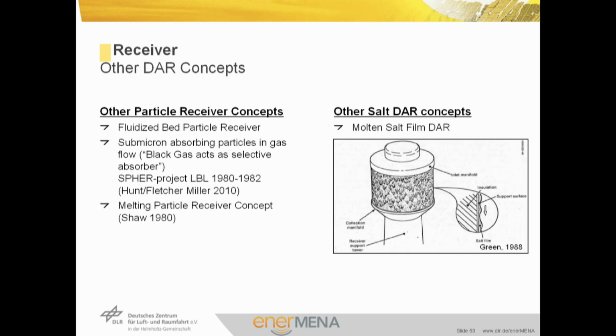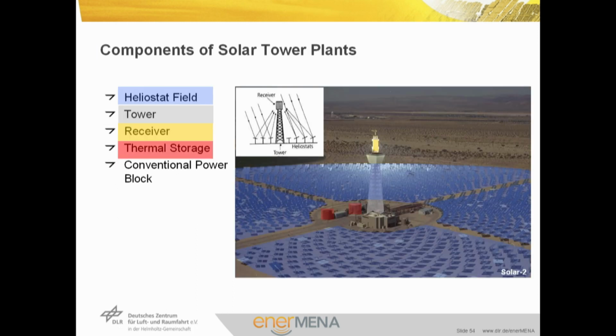Here on the right-hand side, there's a concept of a molten salt film direct absorption receiver. That is, we have got a molten salt film which is irradiated from the field and which is heated while flowing down.